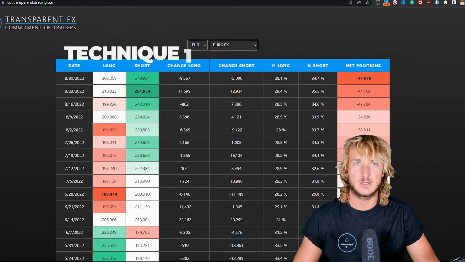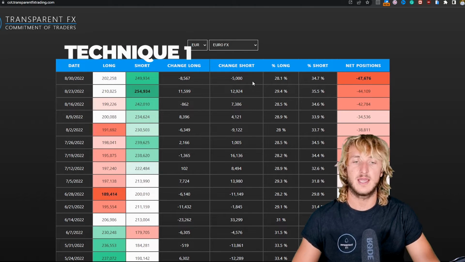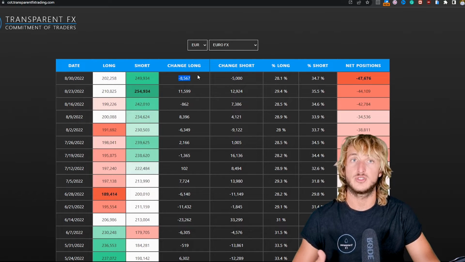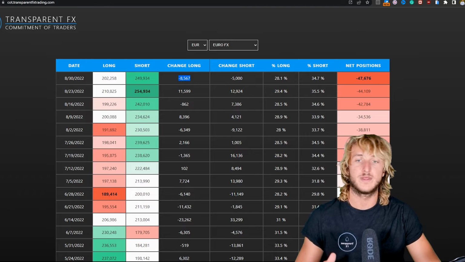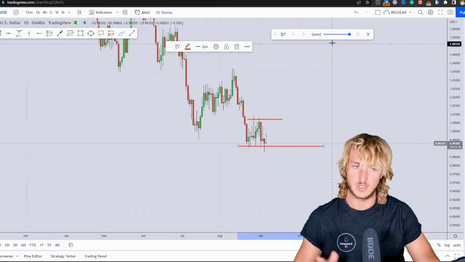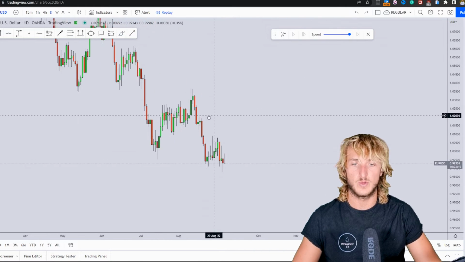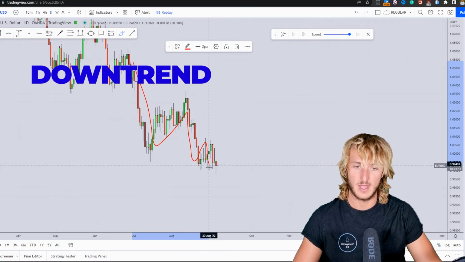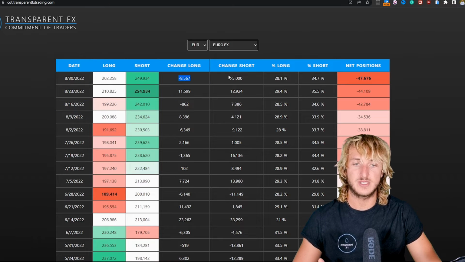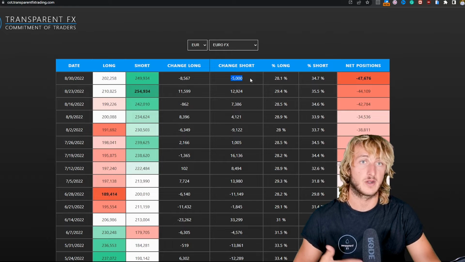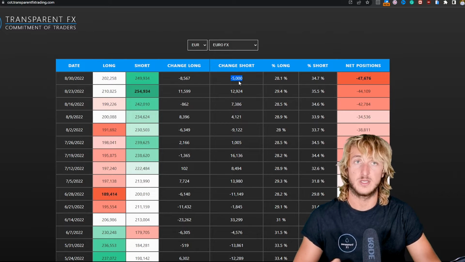Well, one of the ways you can do that is by looking at how shorts and longs are changing compared to what the price is doing. For example, if you have a price in a downtrend, and at some point you stop seeing shorts getting added, but you actually start seeing shorts getting closed, like we're seeing right now.